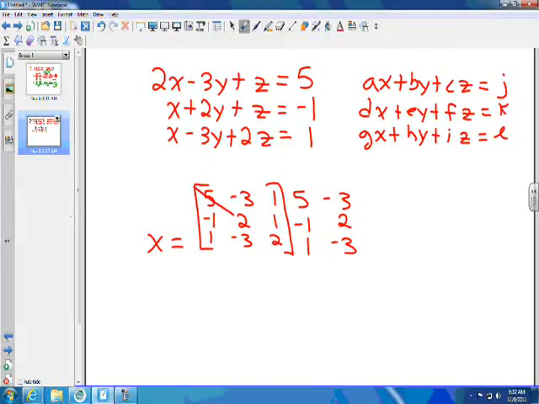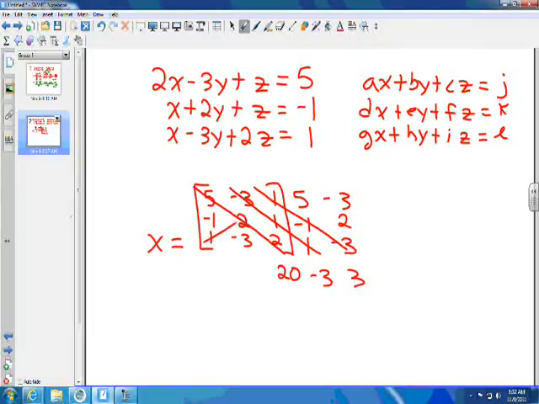Draw your diagonals down. So what do we get for the first diagonal? 20. For the second diagonal, -3. And the last one, +3.